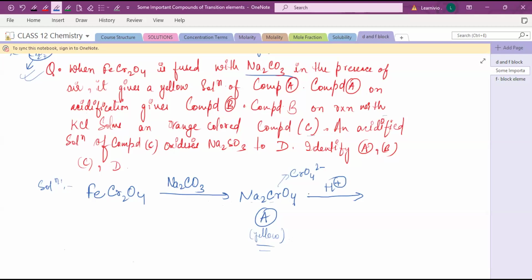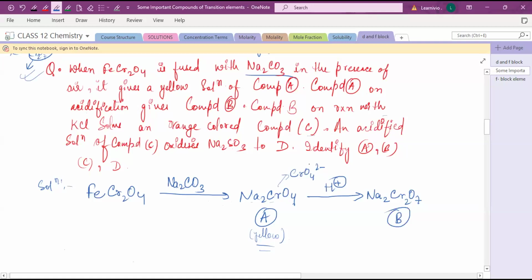Just think about it. In acidic medium, the chromate ion will convert into the dichromate ion. Very good, so sodium dichromate, Na2Cr2O7. This is compound B.